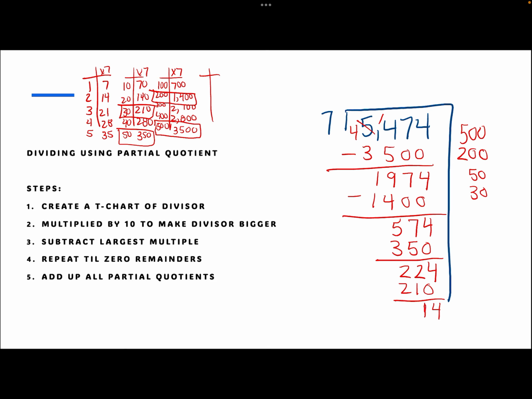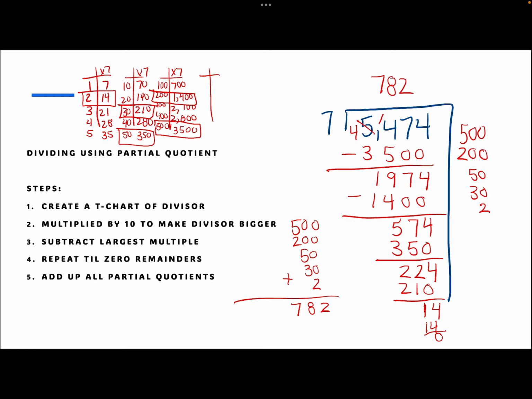And that's 1. So, of course, the last group would be 2 groups. And now I have 0. And then my last step, line up each one of my partial quotients and add them up. 2, 8, 7. 782 would be my answer.